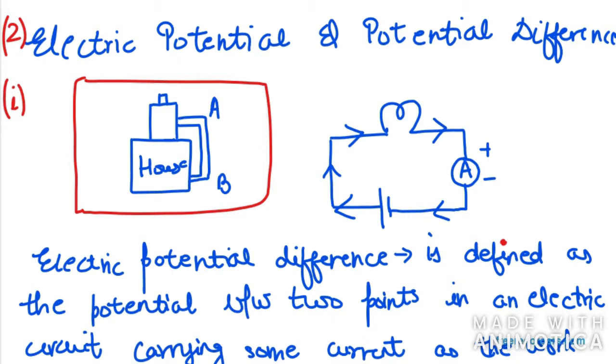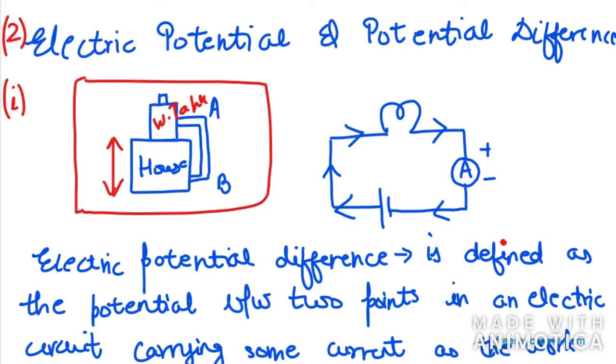flows in the circuit. In this case, I am taking an analogy to tell you how water flows at our house. So here we have an example of a house and there is a water tank at some height with respect to the house.